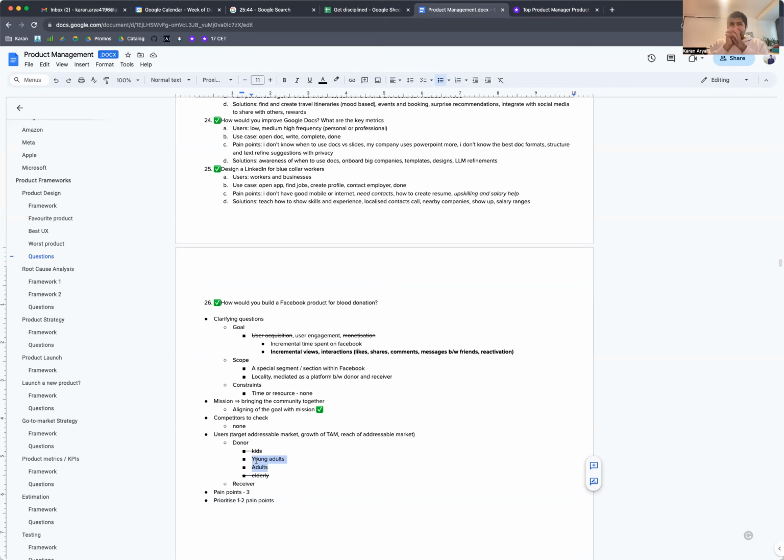And within these, we could further segment these users into healthy versus unhealthy, probably fit for donation versus not fit for donation. So obviously, we need to make sure that of these young adults and adults, they are definitely fit for blood donation.